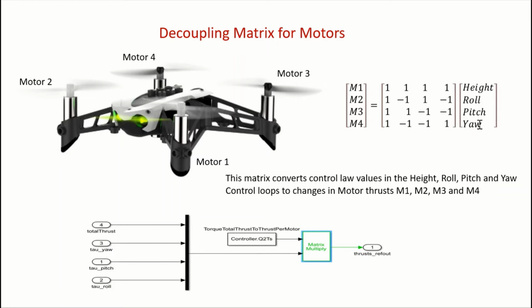If we look at yaw, yaw will mean that motor 1 will go positive, motor 2 negative, motor 3 negative and motor 4 positive. So 1 and 4 go positive, 2 and 3 go negative. The reason for this is that 1 and 4 are going around clockwise, and 2 and 3 go around anti-clockwise.